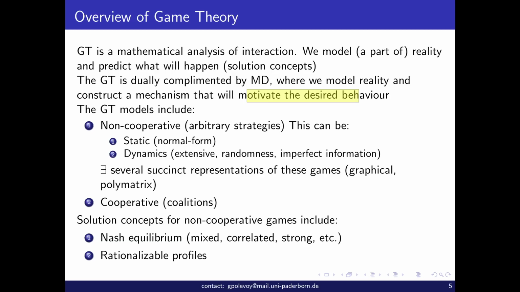Yes, so we study game theory in this course, and game theory models include non-cooperative and cooperative game theory. Cooperative means that the basic actions are coalitions, and non-cooperative means that the basic actions can be any strategy, and so the strategies are, at least per se, independent.